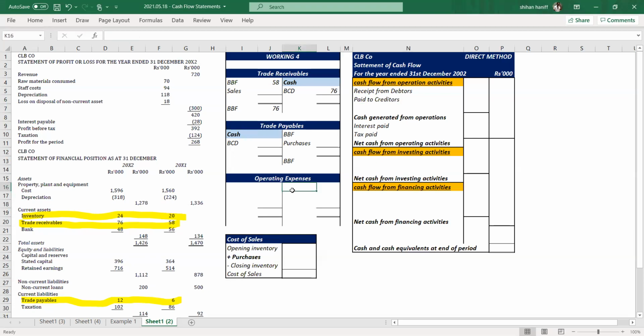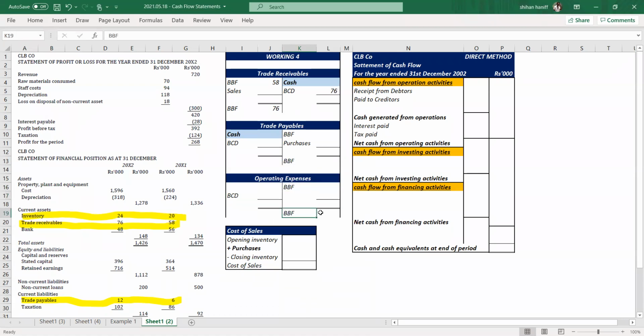Then operating expenses. There are more payables, more receivables, profit and loss. Operating expense, there is only staff cost.